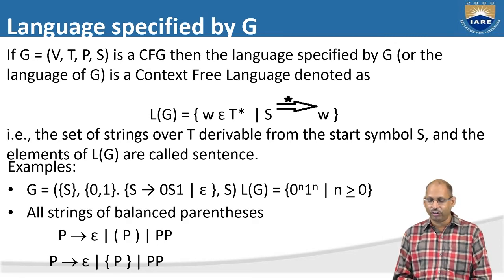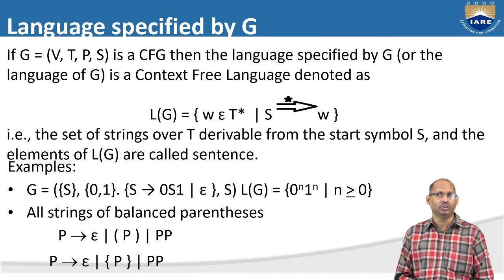Here is one more example. G has variable S, terminals 0 and 1, and P is the productions: S gives 0S1 or epsilon, and the starting symbol is S. Then the language accepted by this grammar we can represent as 0 power n, 1 power n, where n is greater than or equal to 0.